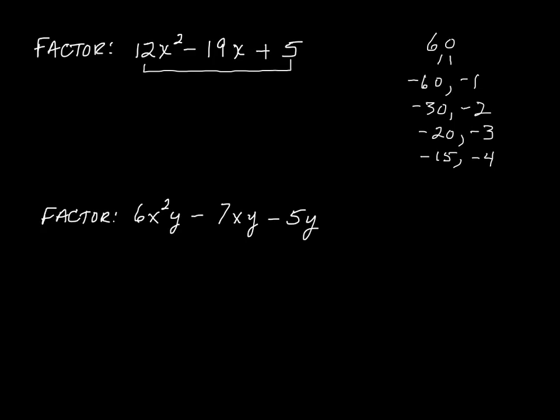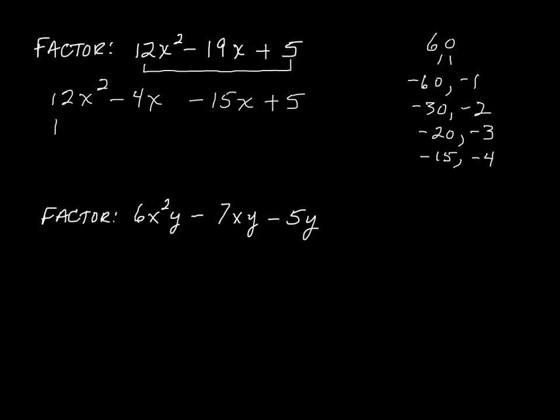So rewrite the polynomial, 12x squared, but I want to break the negative 19x up into negative 4x and negative 15x. I'm going to put the negative 4x first and the negative 15x second, because I want the 15x to go with the 5 and I want the 4x to go with the 12 so that we can group them, and it looks like it will work that way.